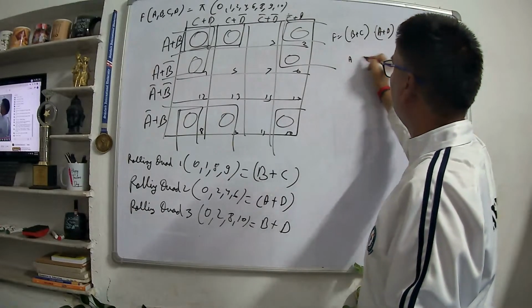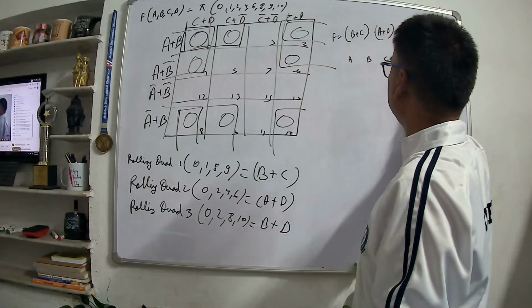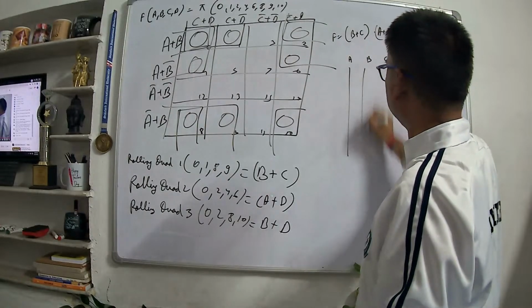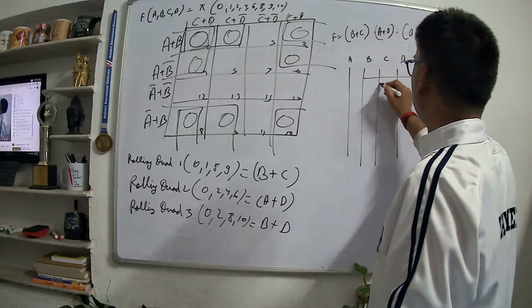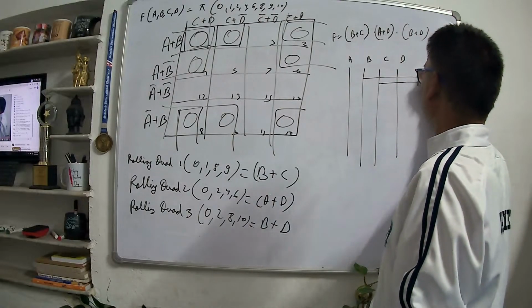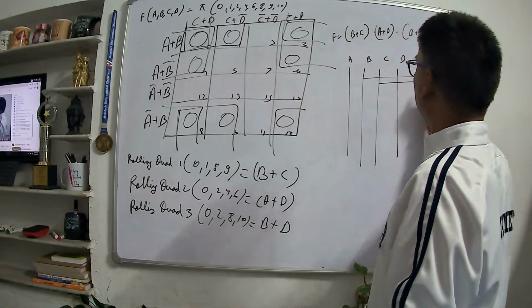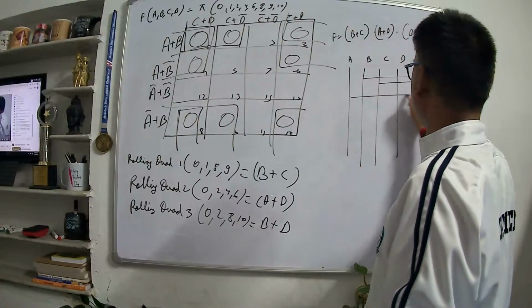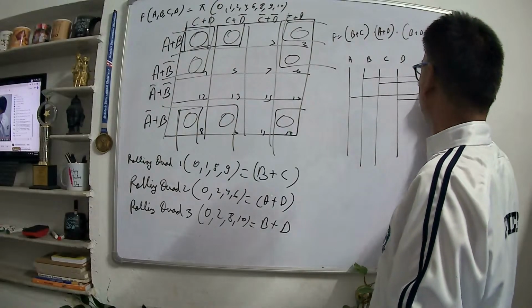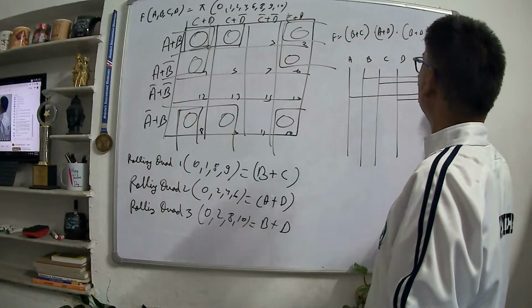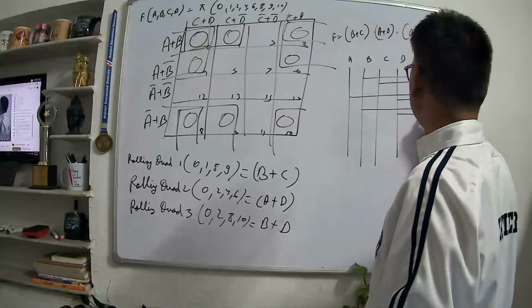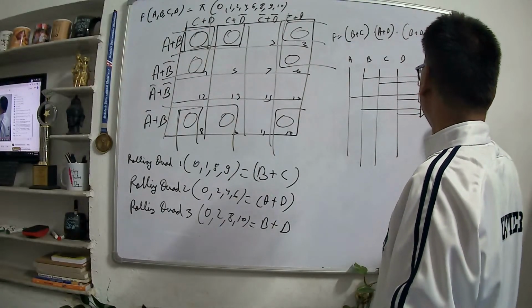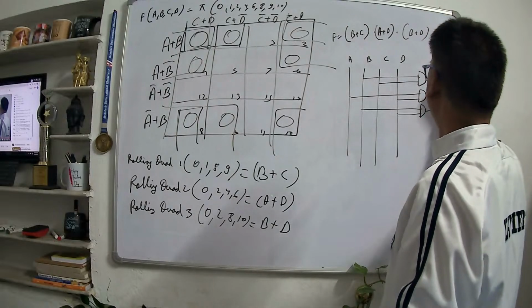Now you can make the logic circuit with inputs A, B, C, D. I take here B plus C, B and C. A plus D, A plus D. B plus D. This is B and this is D. I connect it and then I'll pass it through an OR gate.